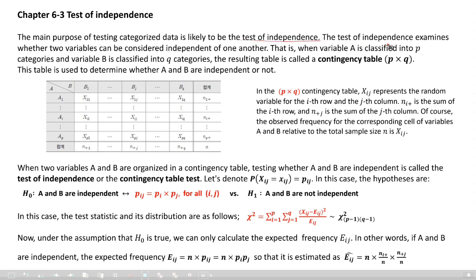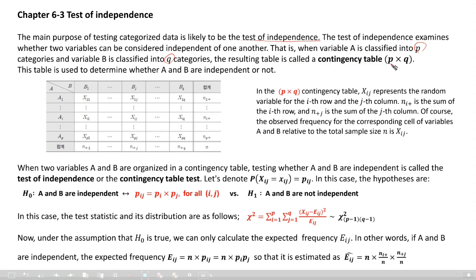The test of independence examines whether two variables, A and B, can be considered independent of one another. That is, when variable A is classified into P categories and variable B is classified into Q categories, the resulting table is called a contingency table.